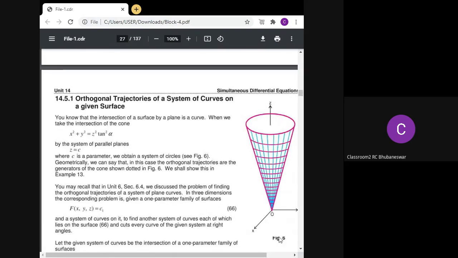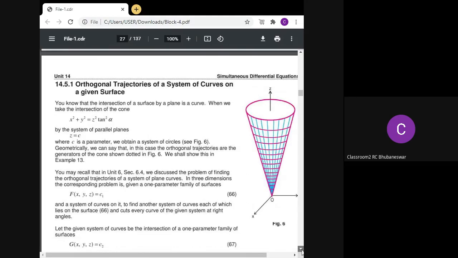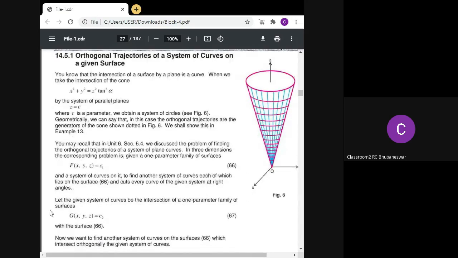Here the surfaces have been represented in the form of capital F equals C1, a one parameter family of surfaces, and another one parameter family of surfaces has been given as capital G equals C2. And here we can clearly see the intersection of these two one parameter families of surfaces, F equals C1 and G equals C2.